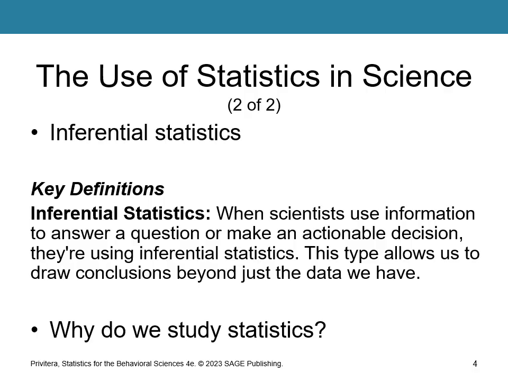Now let's talk about the other major type of statistics: inferential statistics. While descriptive statistics summarize what we see, inferential statistics help us make predictions and draw conclusions. So think about political polls.